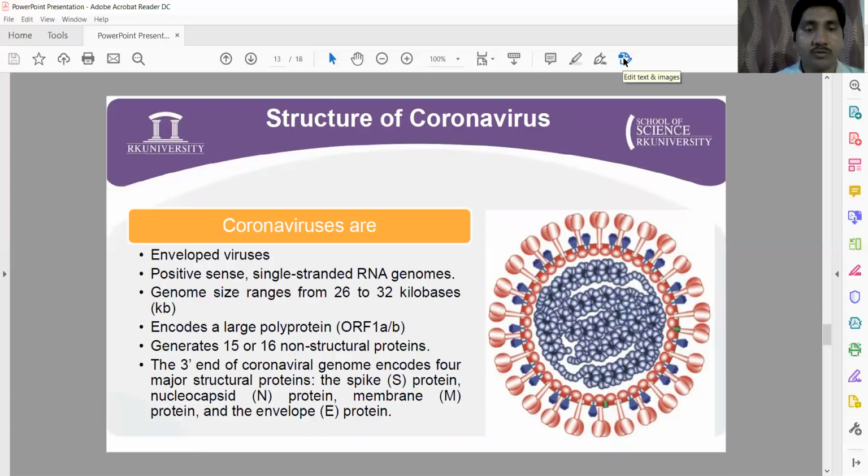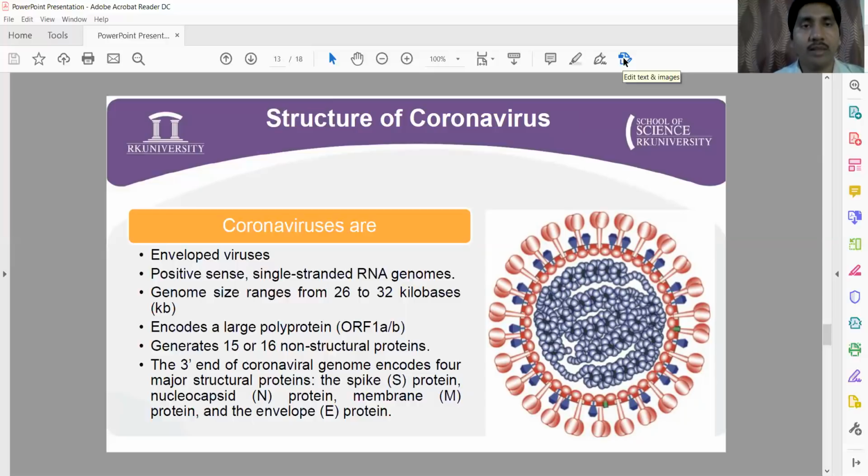It has positive sense single-stranded RNA as its genomic material, which ranges between 26 to 36 kilobase pairs. Now, what does positive sense mean? Positive sense means that the genomic material, that is single-stranded RNA, is ready to be translated and give rise to various viral proteins.